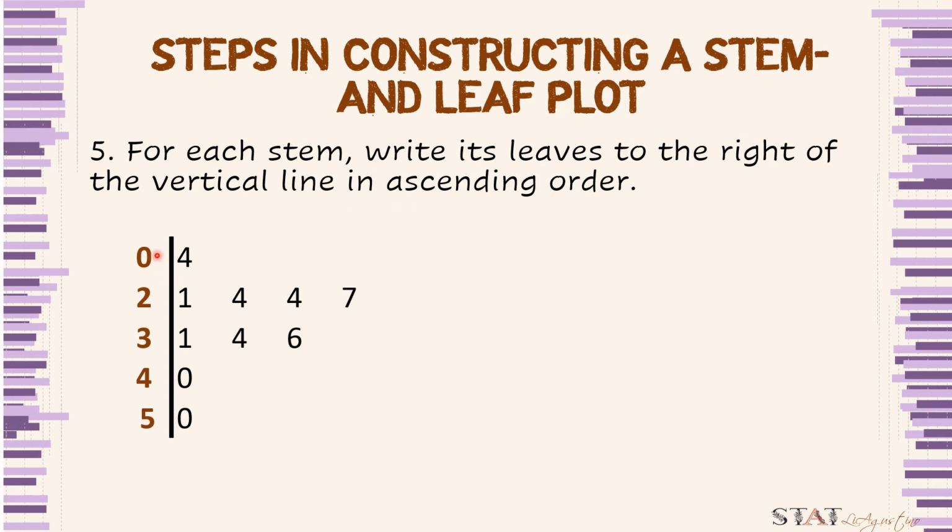For example, take the stem 2. Put the leaves in that same row in ascending order: 21, 24, 24, 27. So just use the stem 2 and then leaf 1, leaf 4, leaf 4, and then 7. Same thing with the other numbers. So that is the stem and leaf plot.